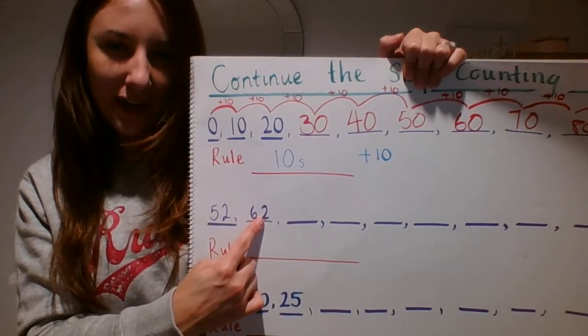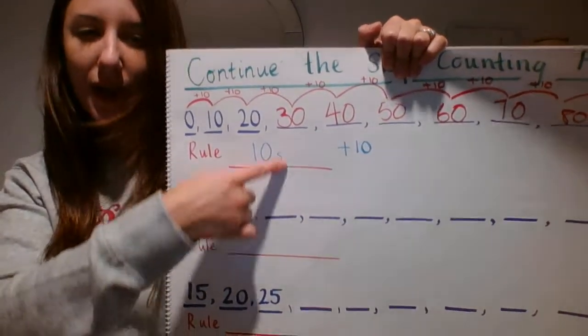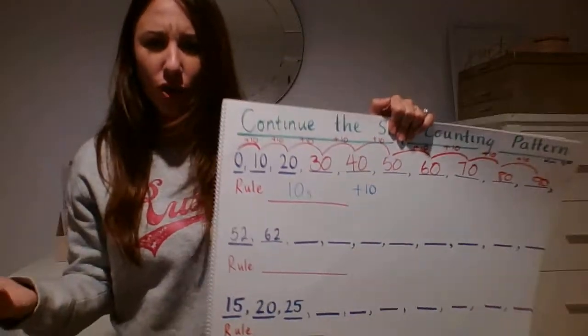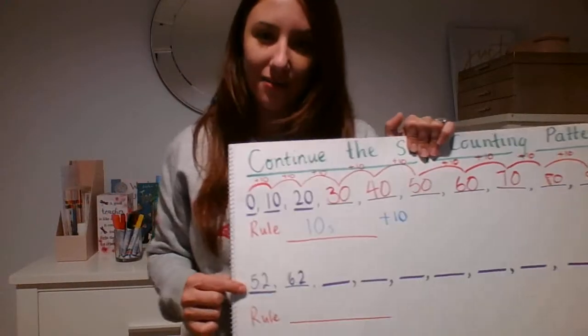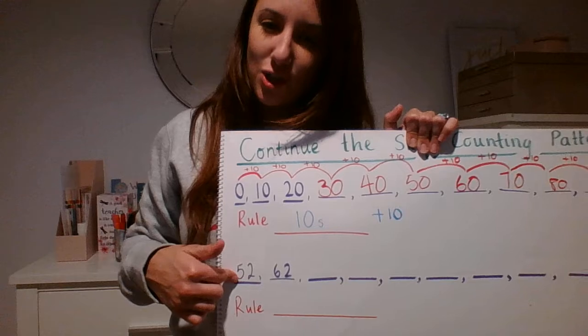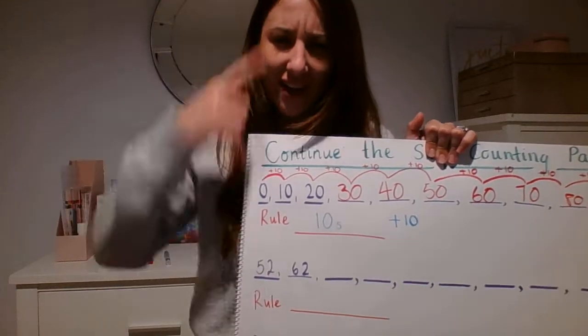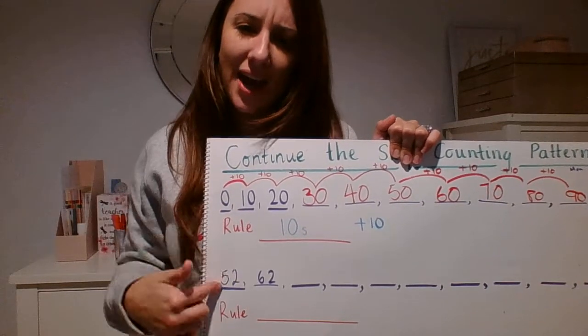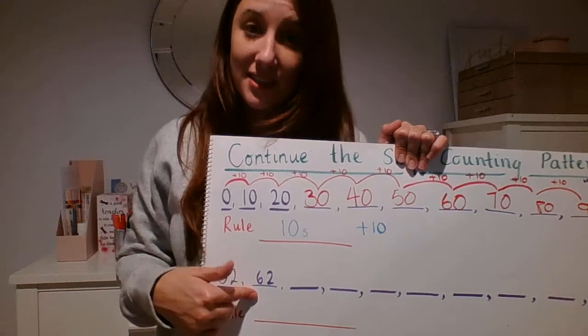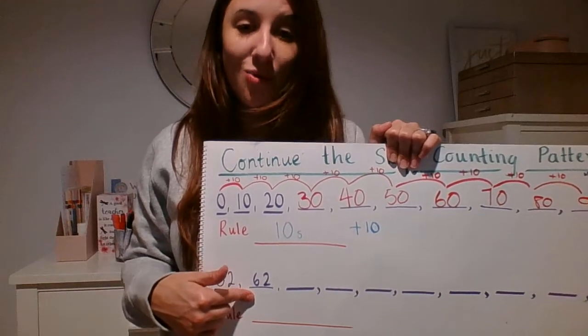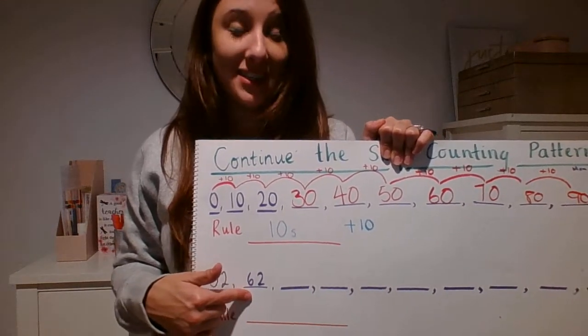I wonder if you can hear the pattern and know what would come next. Now, if you're not sure, that's fine. We're going to check. We're going to start with 52, put that in our head and count on and see how many it takes us to get to 62. That way, we will be able to find what our pattern is.